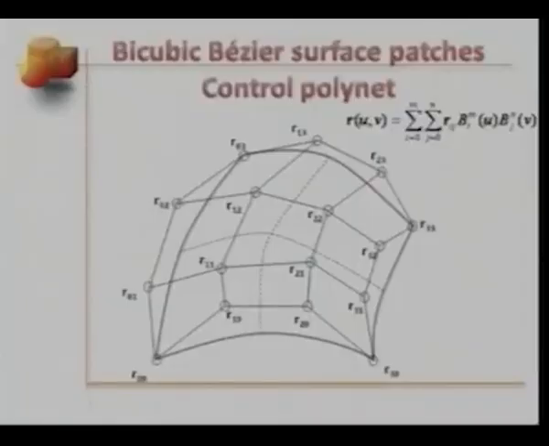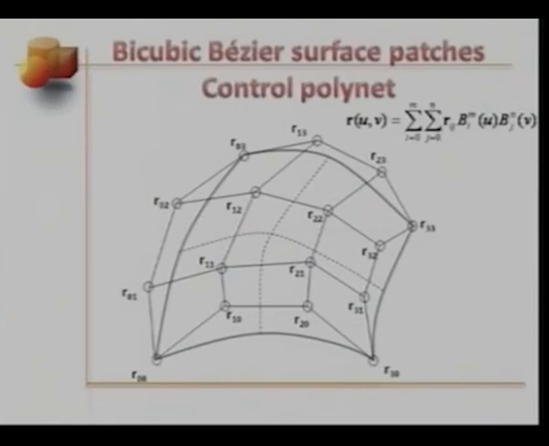Let's now pop up the mathematical expression for the Bezier surface patch model. Here m equals 3 and n equals 3.